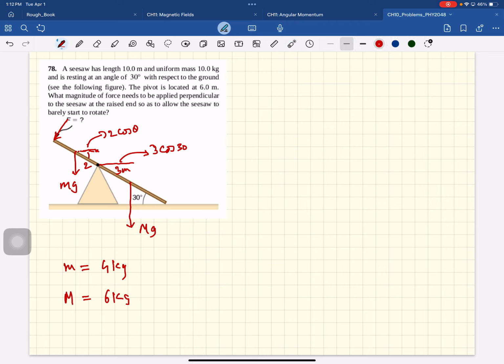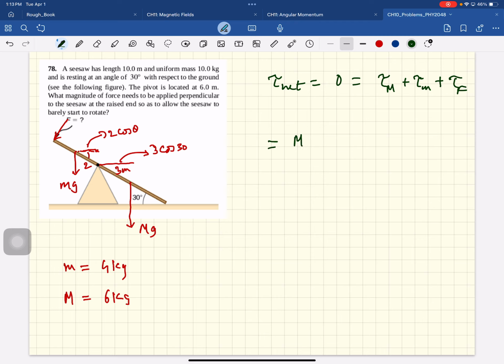Okay. So you want the net torque to be 0, and that's equal to torque due to the mass M, torque due to mass m. All right.